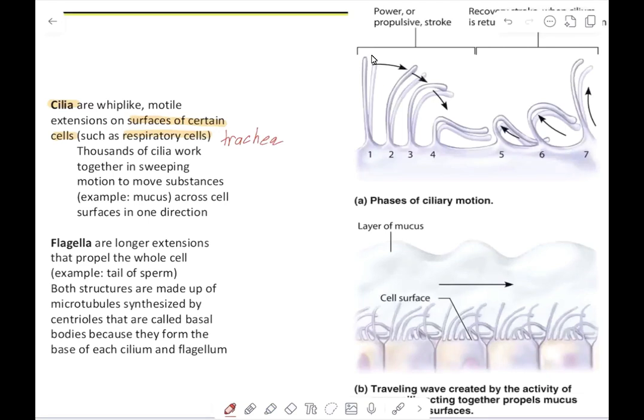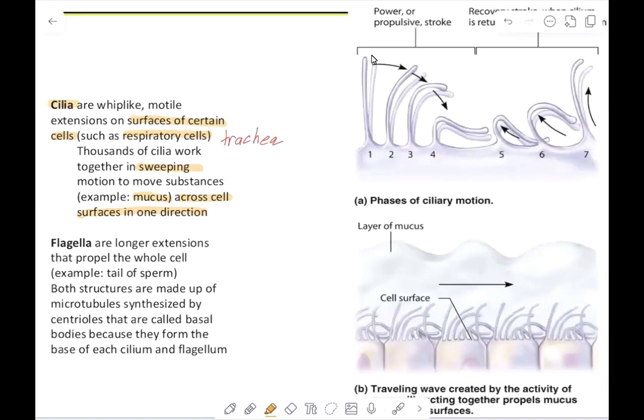And you'll learn about those specifically in chapter 4 on histology. So there's thousands of cilia. Their job is to act in a sweeping motion to move substances across the surface in one direction. And they move the substance of mucus.